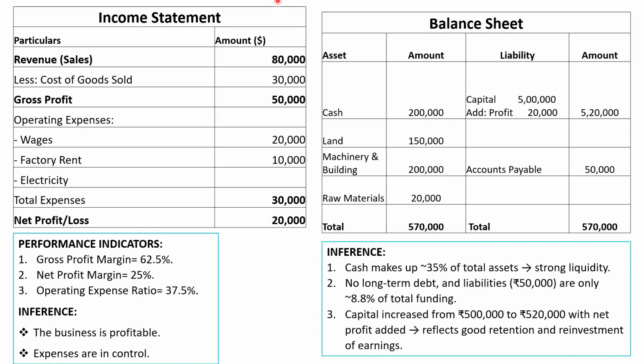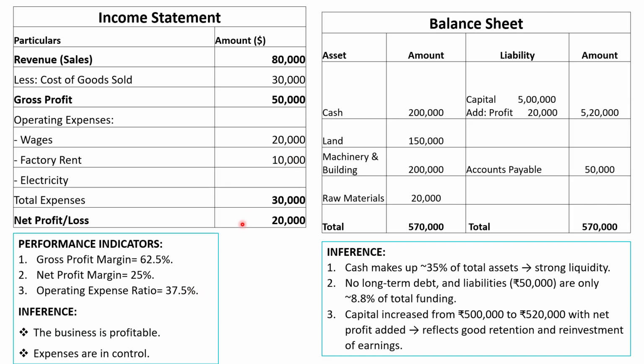If you look at the income statement, which is given on the left, we see that the gross profit margin, which is the gross profit divided by the revenue, is 62.5%, and the net profit margin, which is the net profit divided by the revenue, is 25%. So we see that the gross profit margin and the net profit margin look good, which means the business is profitable.